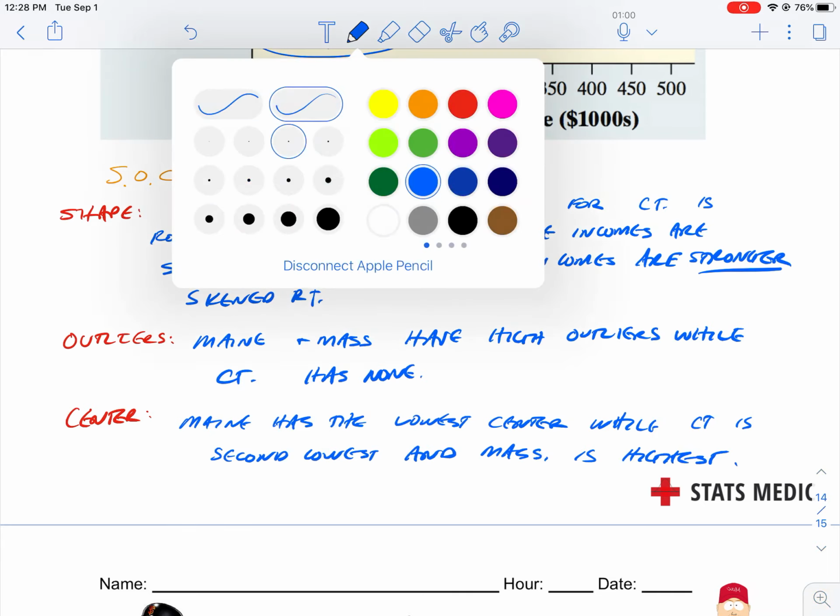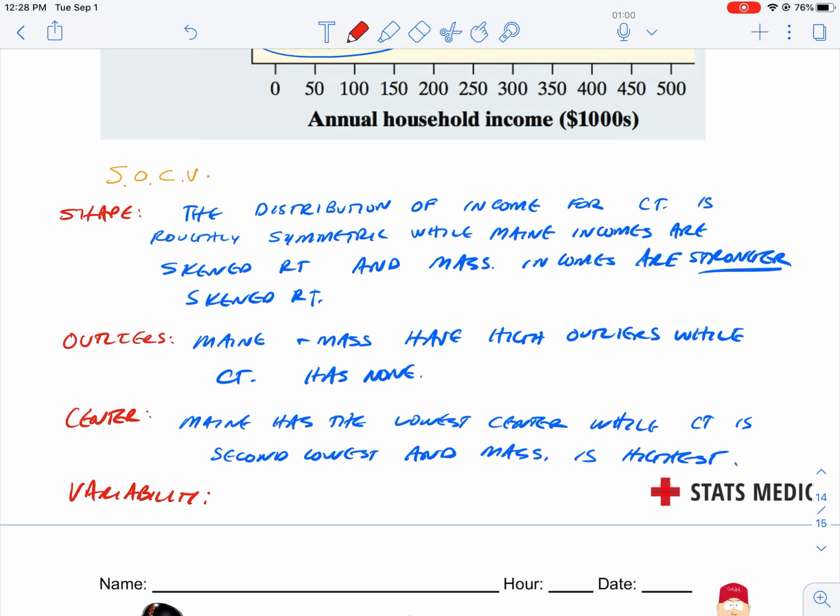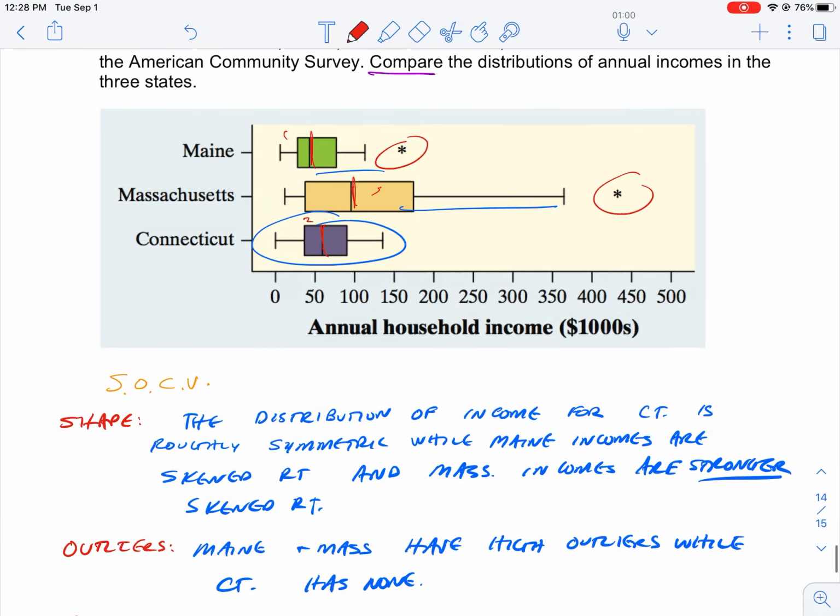What about variability? Okay, variability. Let's see here. Which one has the highest variability? Well, Massachusetts obviously has the highest variability, right? Because they've got this really high point here, really low. And then it looks like Connecticut and Maine look similar, right? So less than 150, less than 150.